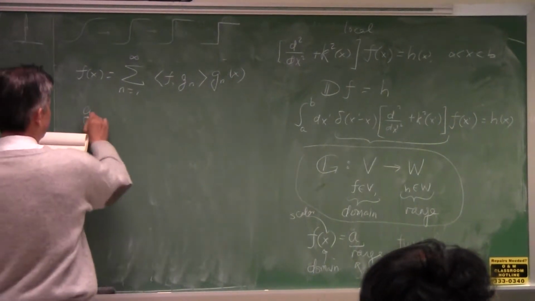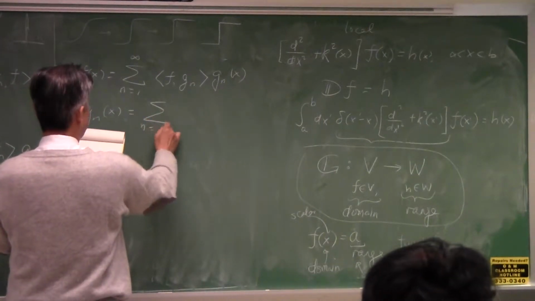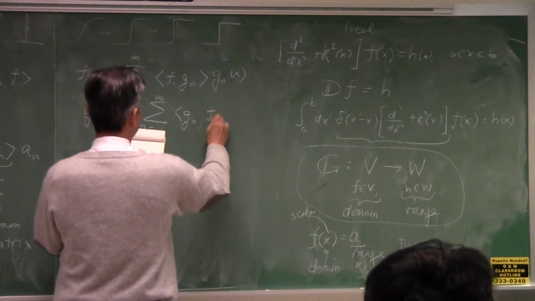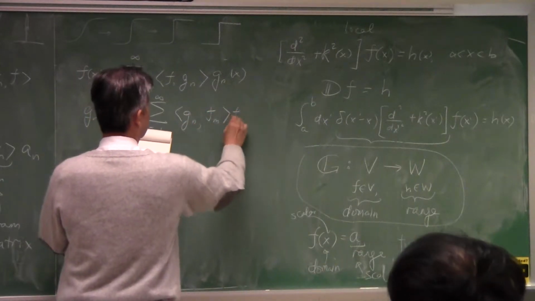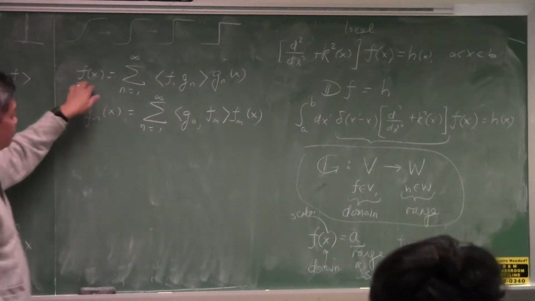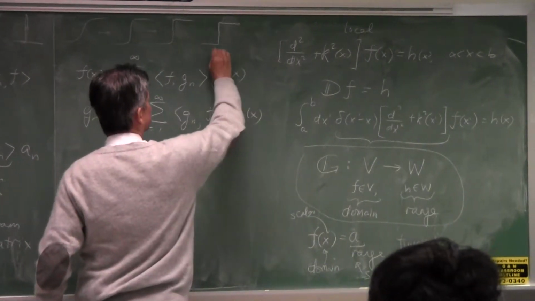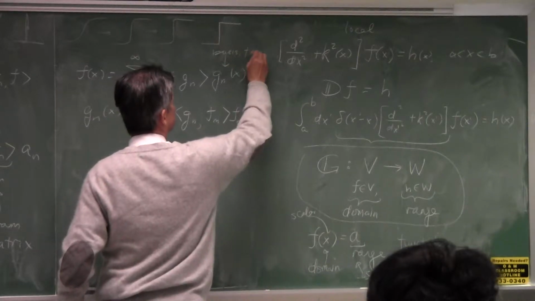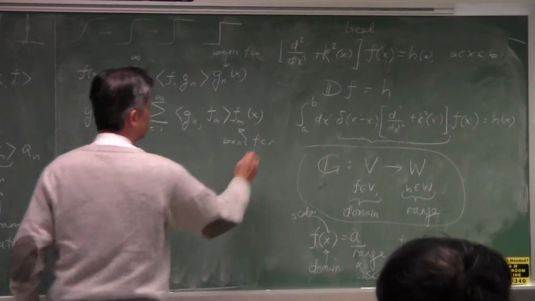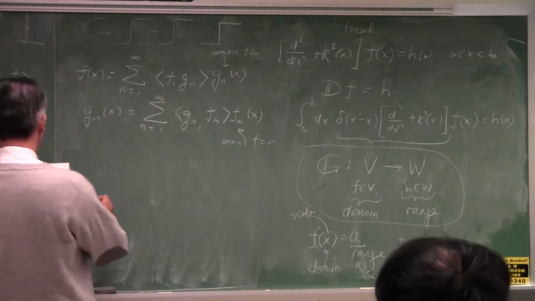But then I can also expand my basis functions in terms of another set of basis functions quite easily using the same formula. I can expand arbitrary functions in terms of these basis functions. This is the basis function, and this is also a basis function. Then if I put the two together, I have this interesting relationship.